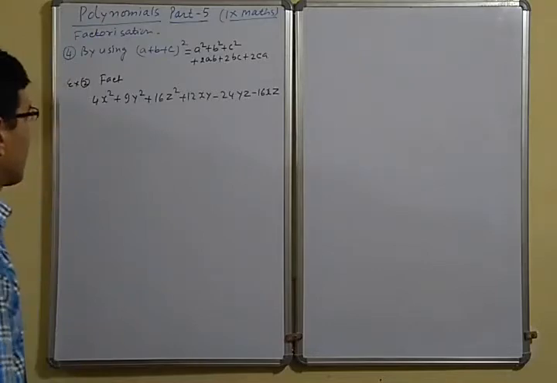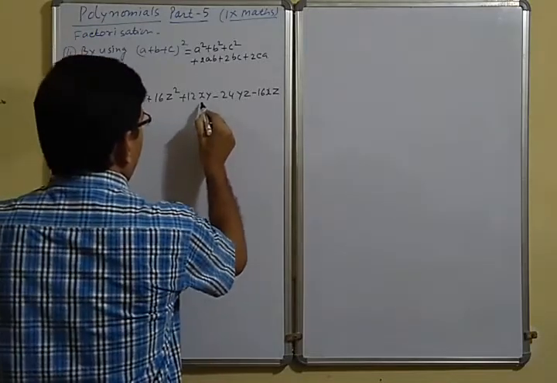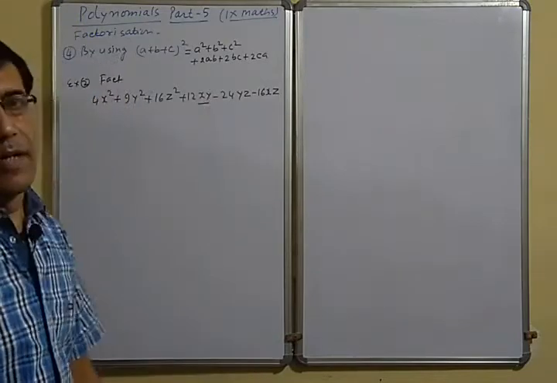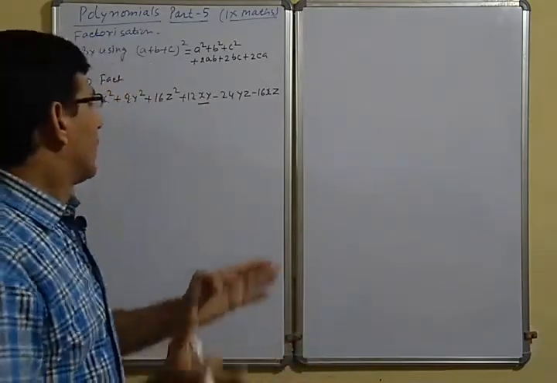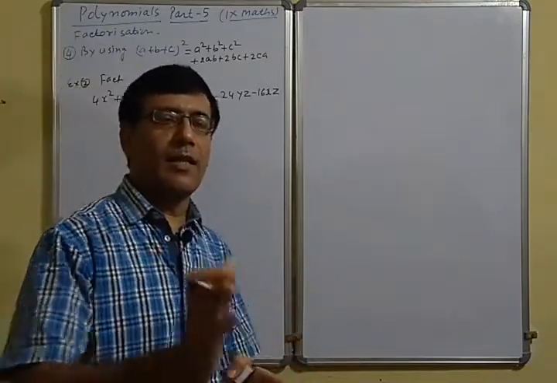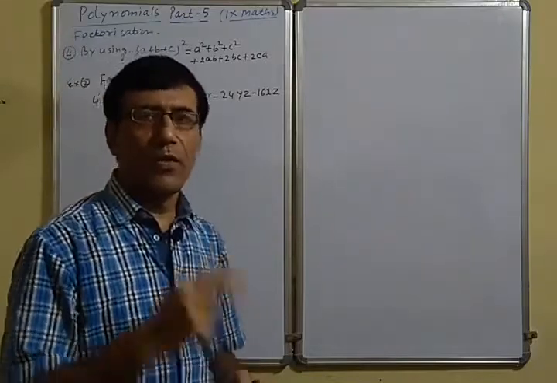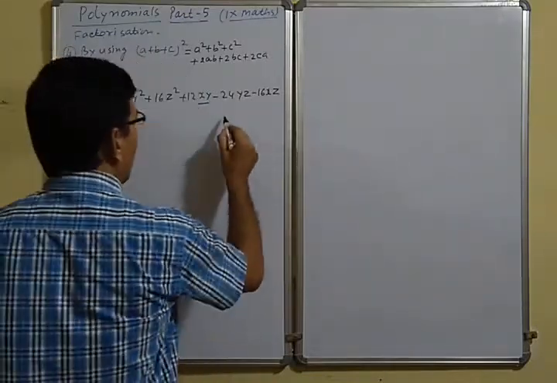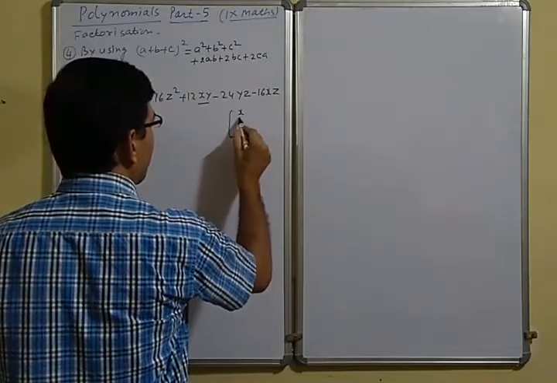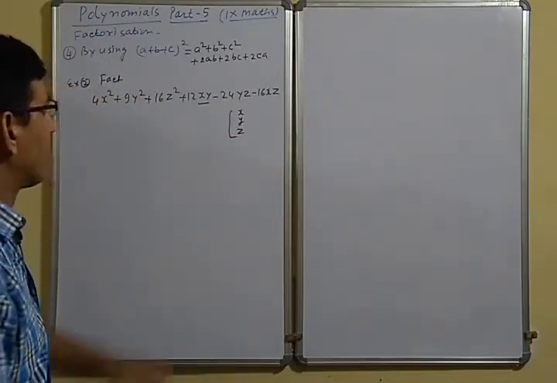So first of all, let us see the method. Here you take the coefficient of xy. First we have to find out whether x is positive or negative, y is positive or negative, or z is positive or negative. So here we'll get two different solutions. Now let us see both the solutions. Here you simply take x, y, z, which one is positive or which one is negative.